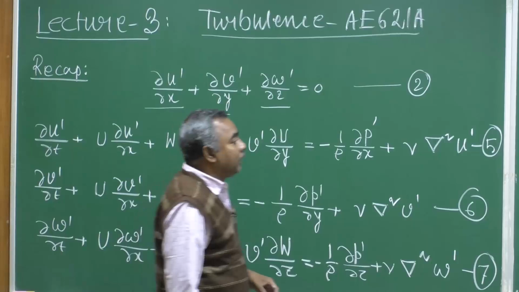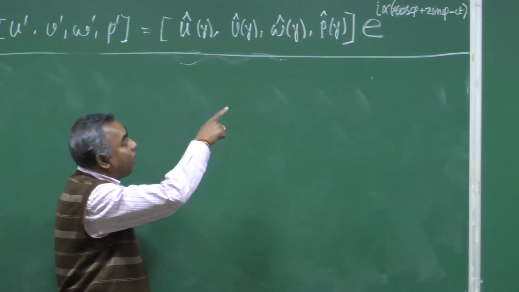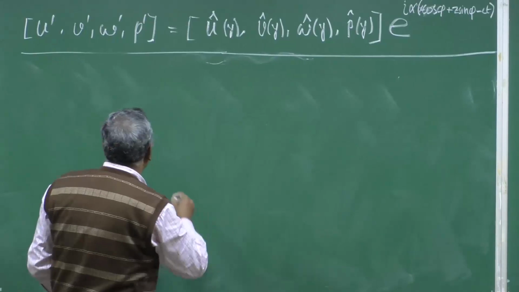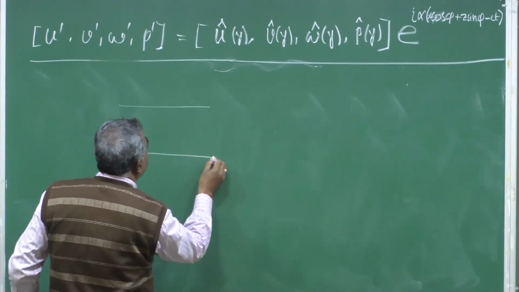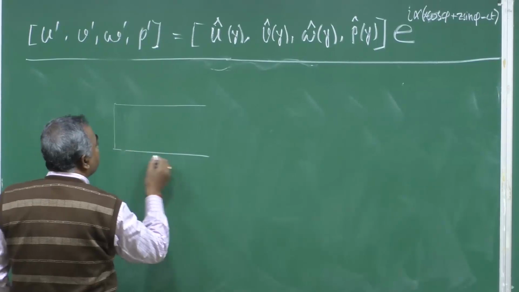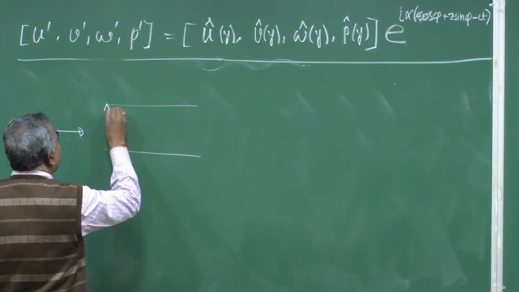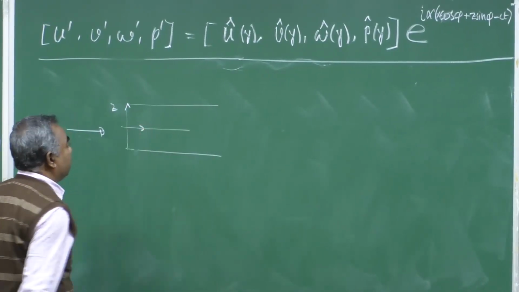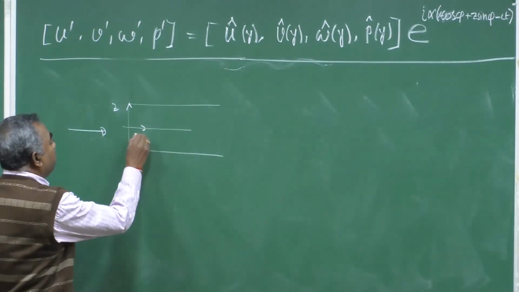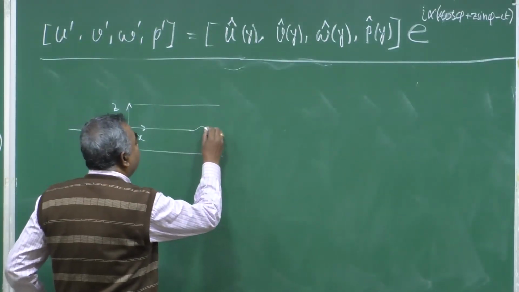Why is this particular x cos phi and z sin phi coming? Let me explain. Let us say this is your flat surface and this is the flow direction, this is your z direction and this is your x direction. We could have considered the wave propagating in this direction.